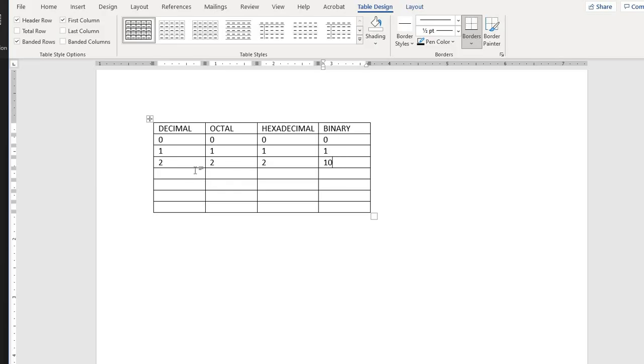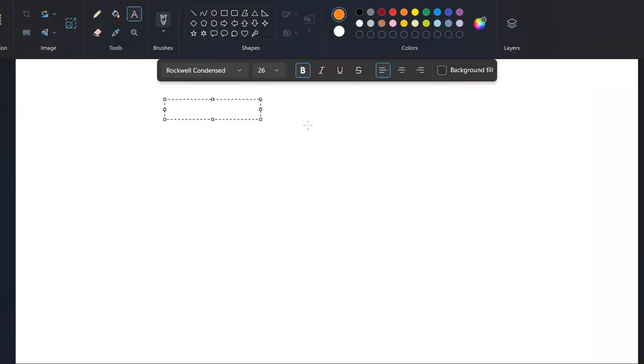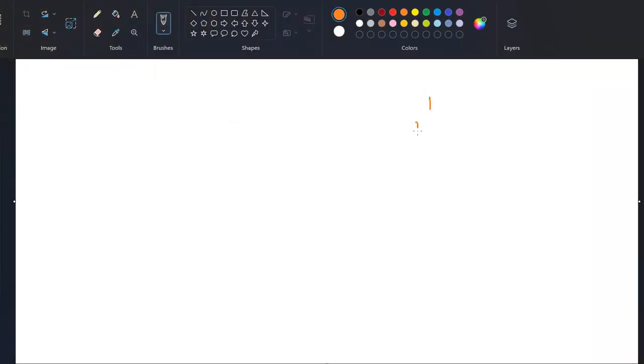So next, 3. 3 is there in octal too. 3 is there in hexadecimal too. But here we have to write 11. That is 10 plus 1 equal to 11. We did that before, right? 0 plus 1, how much was it?